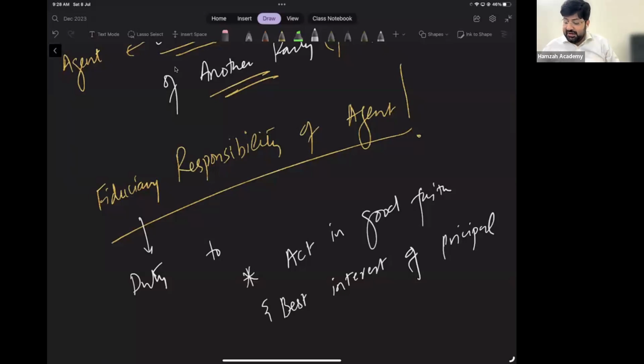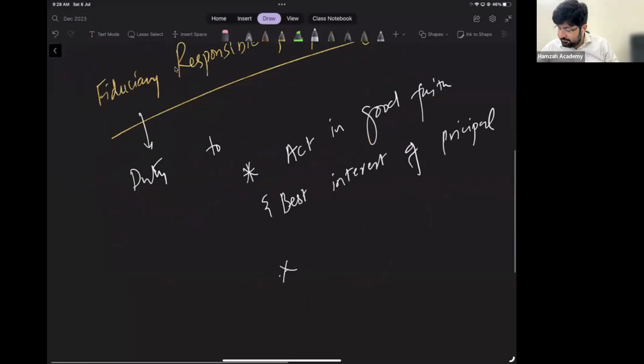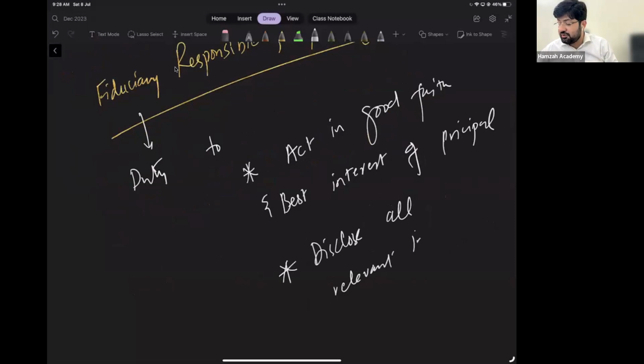Right? And the second thing, the duty to disclose all relevant information to the principal. Whatever she is dealing with the third party, Mr. X, whatever terms and conditions she is deciding with them, she must disclose everything to me.